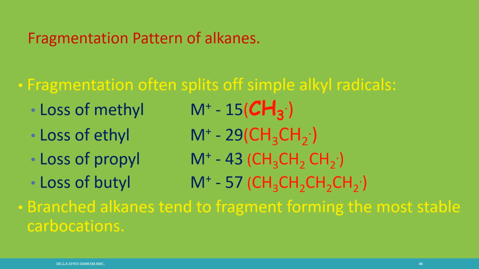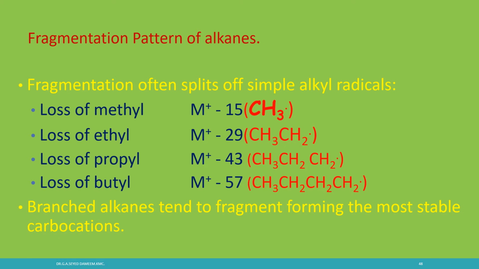Next topic, fragmentation pattern of alkanes. In the case of alkanes, loss of a methyl group gives a peak at M minus 15, due to elimination of a methyl free radical. Similarly, loss of an ethyl free radical gives the peak M minus 29. Loss of a propyl radical gives a peak at M minus 43.